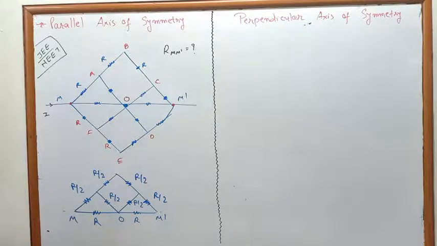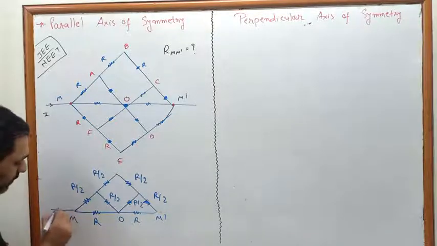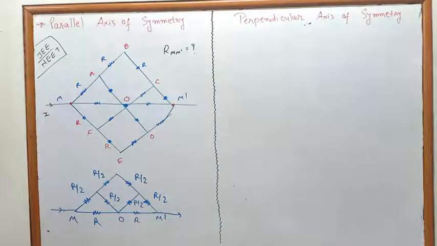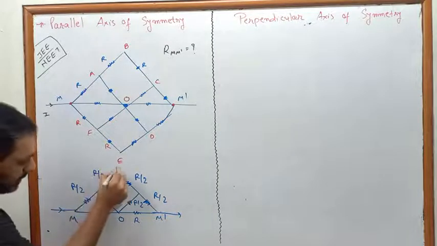Now you cannot apply parallel axis symmetry once again in this network. Okay, you cannot go with a successive reduction. So what we can do is, this is the direction of current flow like this.